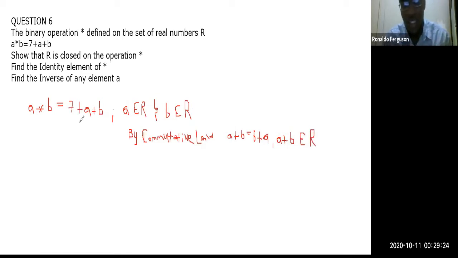So this part right here, we've just shown using commutative law that it is an element of real numbers.